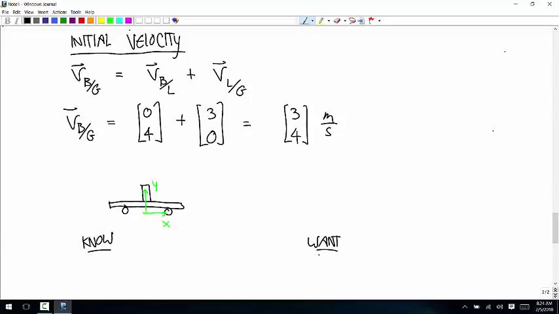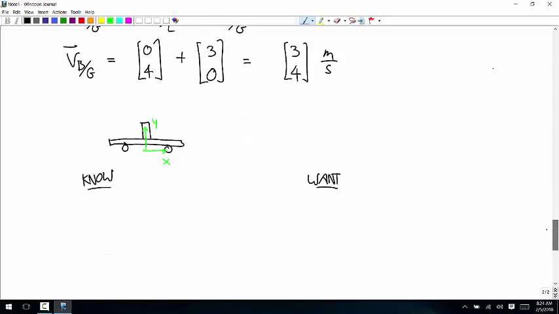Okay, what do we want to find? We want to find px, okay? We don't know time. We know acceleration. We now know the initial velocity. Well, let's do positions first.